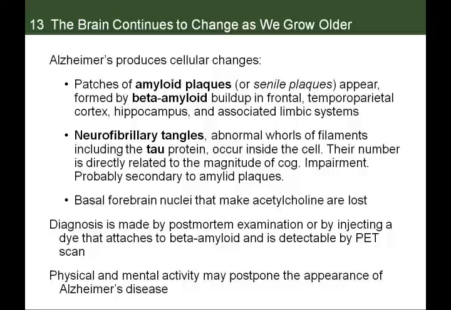Two of the proteins that misfold, which we think are very important in Alzheimer's disease, are the amyloid beta protein and the tau protein. The tau protein misfolding causes these fibrillary tangles.